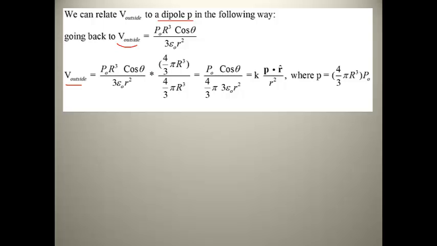We just multiply by the volume of the sphere divided by the volume of the sphere, so this is just 1, and then work this out, and we'll end up with k, little k, 1 over 4 pi epsilon naught times p dot r hat over r squared. And here's what the dipole is equal to. It's equal to the volume of the sphere times p0.